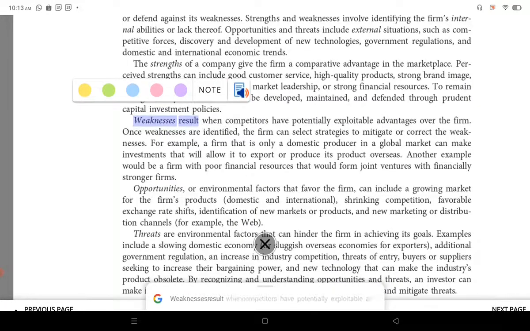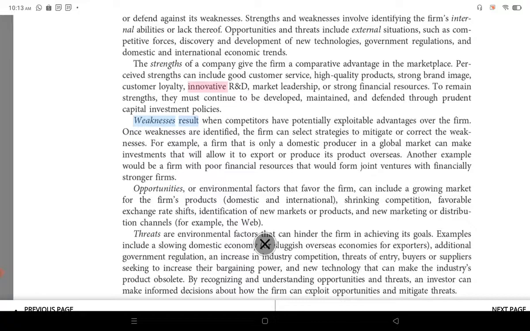And what about the weaknesses? Weaknesses normally result from whatever is happening around the company itself, maybe around the industry or economy and so on, right. Weaknesses you can look at, maybe internally, from the management side and so on, you can already identify.